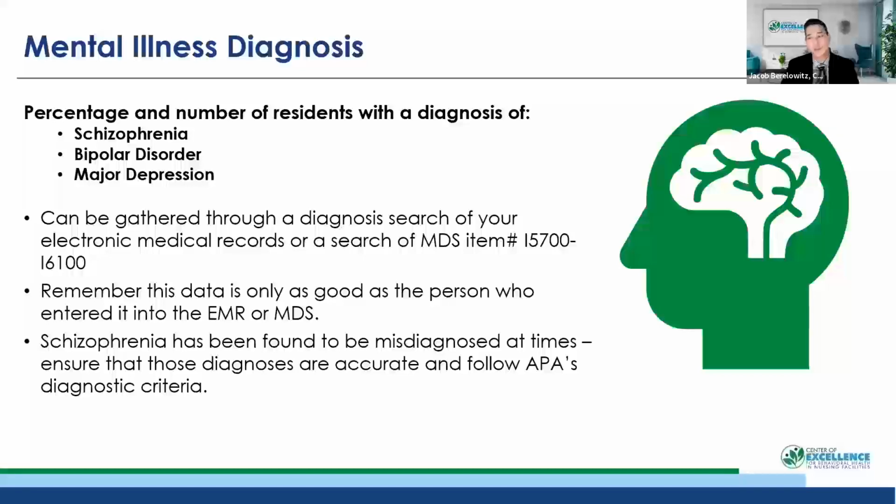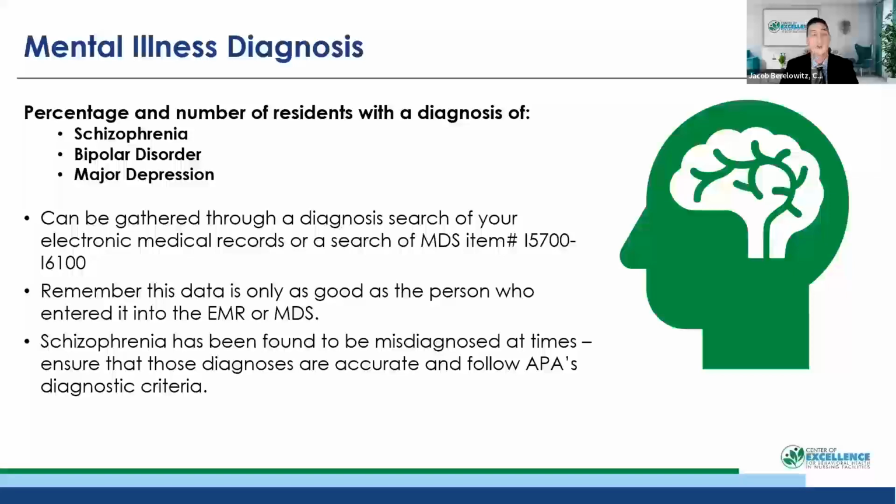Another way that you can look for it is in the MDS. The I section of the MDS includes a lot of diagnoses. If you look specifically at I5700 through I6100, you'll find that those are all psychiatric illnesses, so you'll see a lot of these same behavioral health diagnoses.